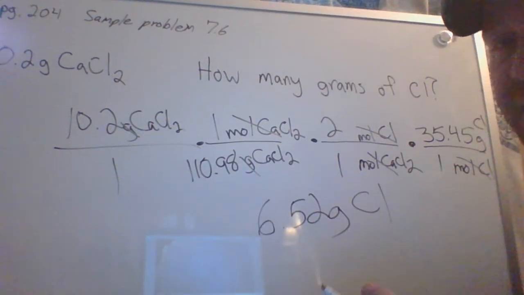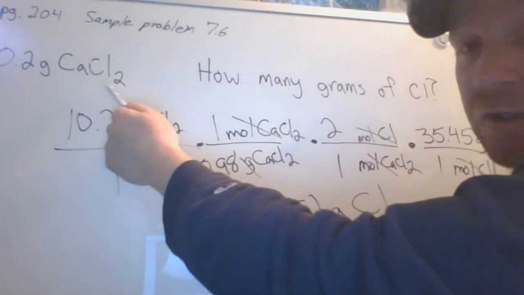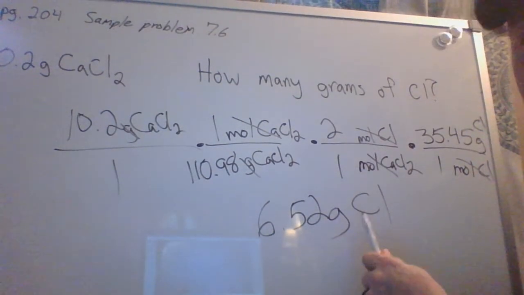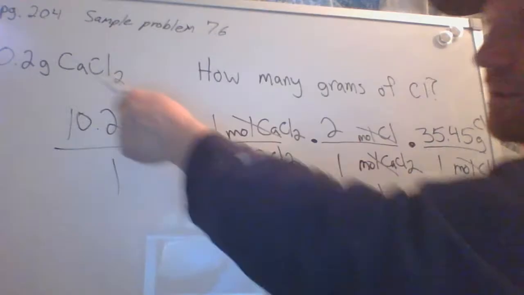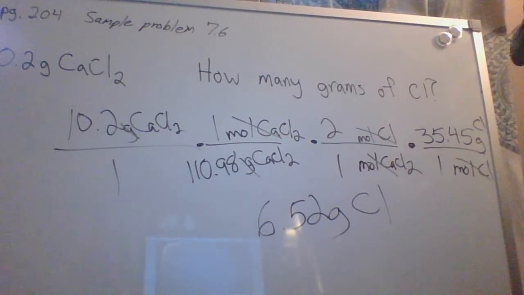So what that tells us is that in a hot pack with calcium chloride salt, there's 6.52 grams of chlorine, and the rest of it would be calcium.